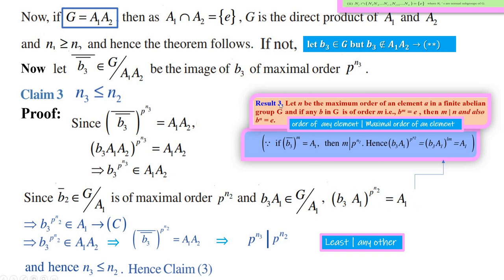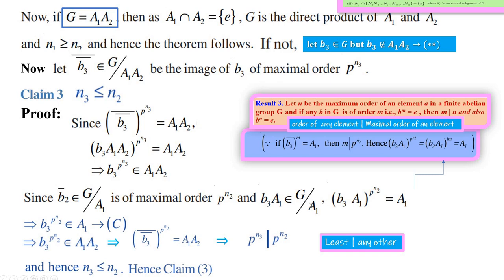See, in result 3, we established this one also, that is, if there is an element A with maximal order and I have some other element, say B with B power M equal to E, then we have B power N to be E. So this part of it we are using here.